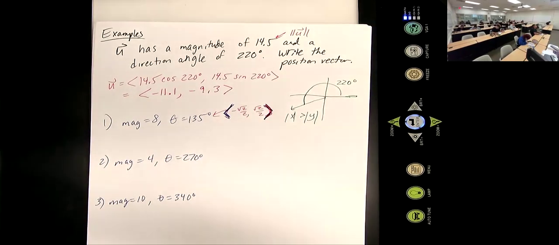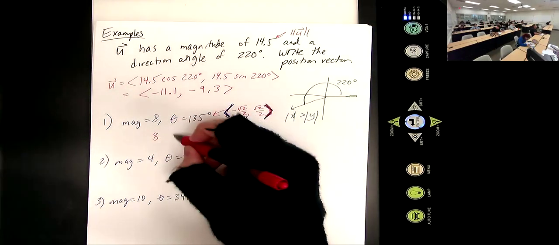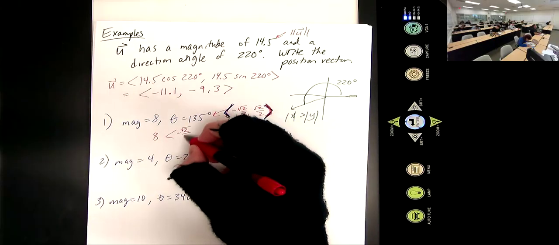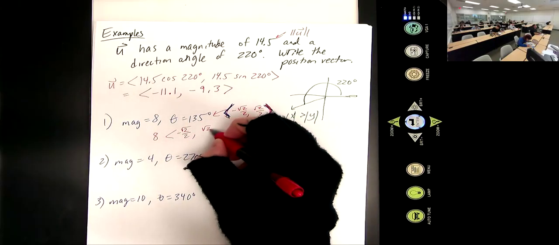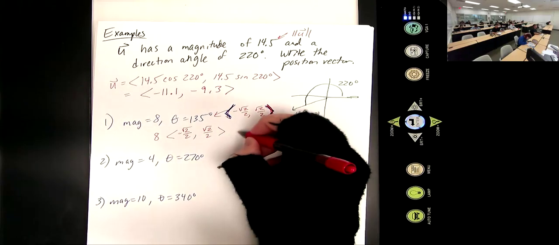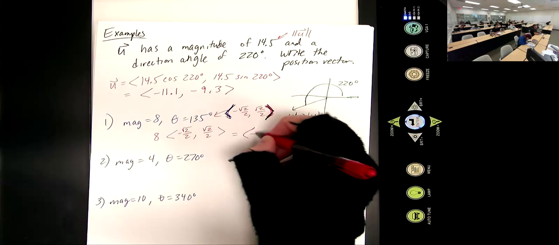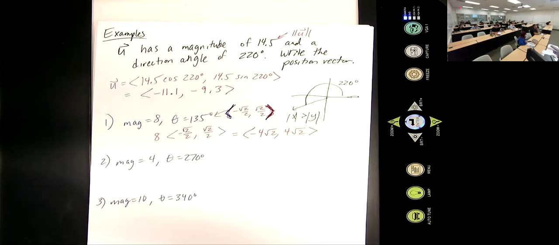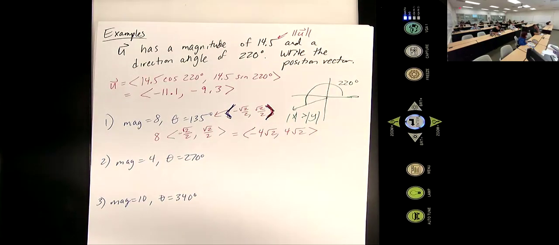This one is going to be 8 times that. The 8 will cancel out the 2, and you're going to get ⟨negative 4√2, 4√2⟩. That's an exact answer. If you need a decimal value, you can always throw it in a calculator. Or under 6.